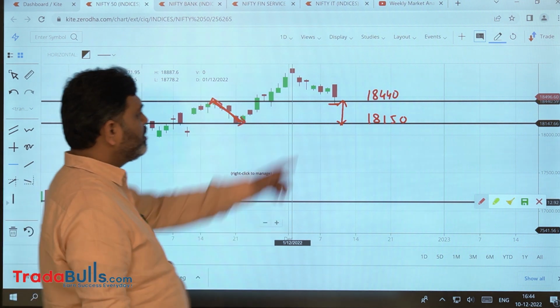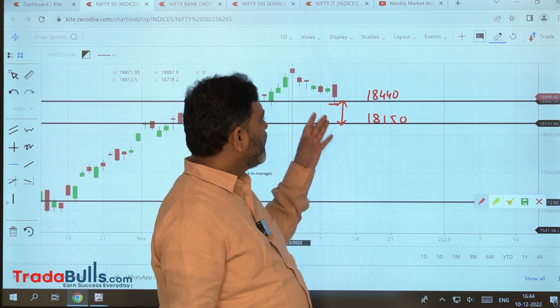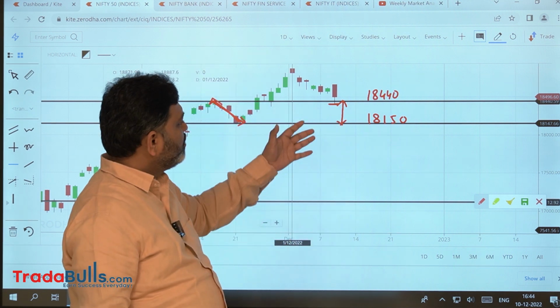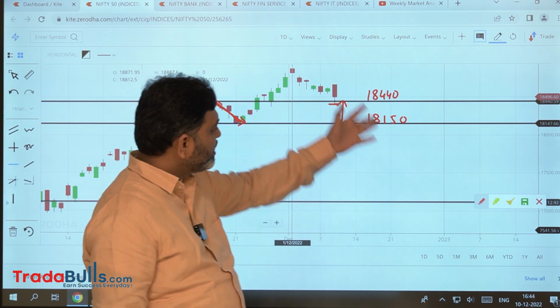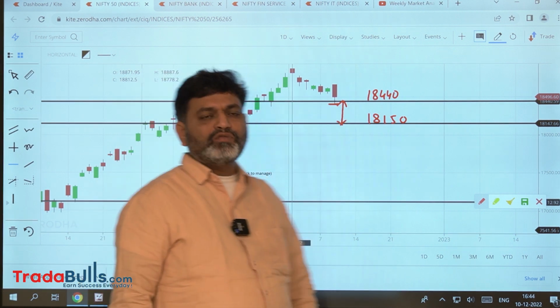Suppose if it breaks 18,400 or 18,410 level in the coming week, the market may retest the 18,150 mark.